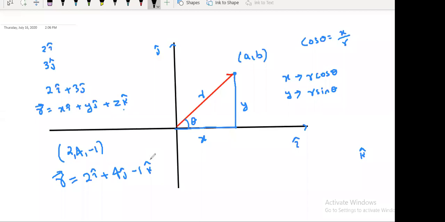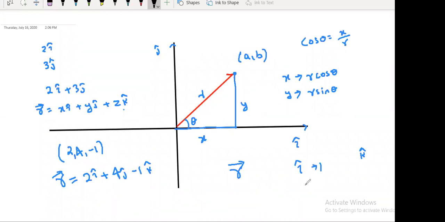See, it is a representation. A vector is represented by this arrow. But when you have a cap, it just represents direction, meaning magnitude is 1.